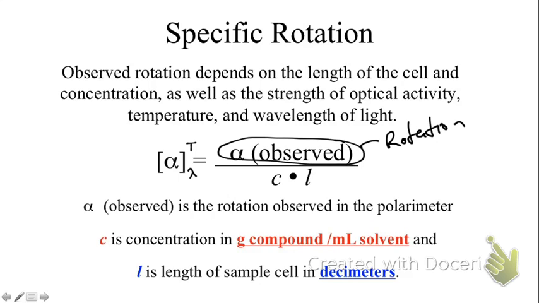And then you would also have to summarize the concentration of the sample and the path length of the sample. So how long did the light have to go through our individual compound?